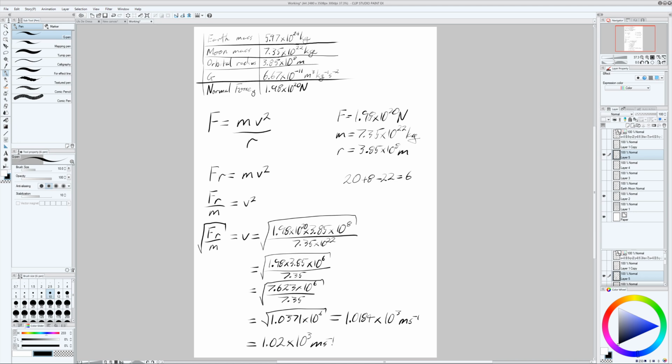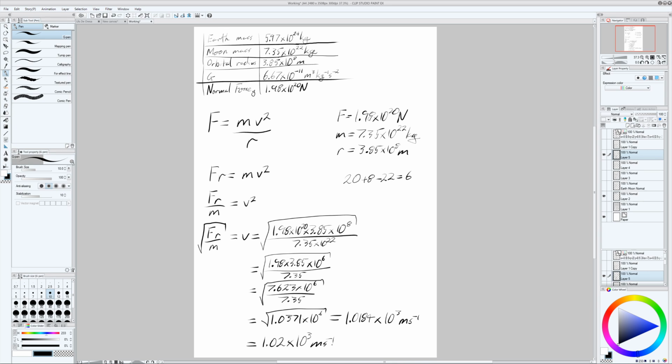So that's basically how fast tangentially the moon is moving. You can then figure out more when you get into rotational kinematics, but that will be all for now.